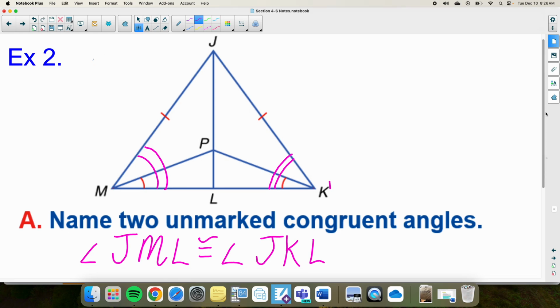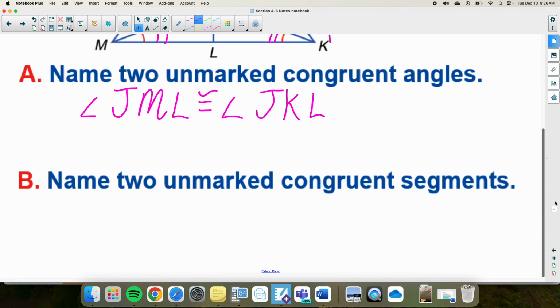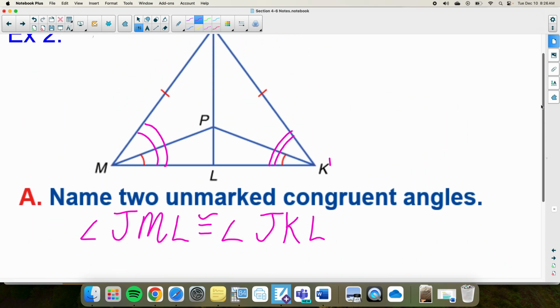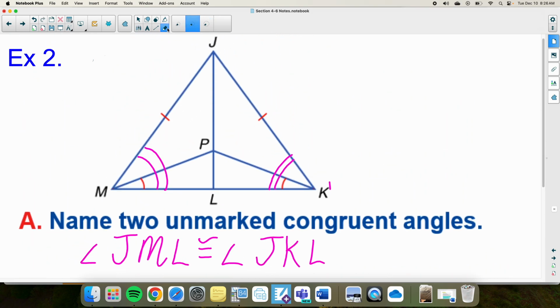Okay. Now what we're gonna do is try to find two unmarked congruent segments. So for this part, I'm gonna get rid of these just so that it doesn't confuse us. And I'm gonna look at what segments can I mark. Do you guys see what I could do?